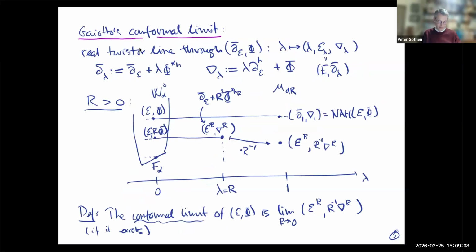So Simpson, following Deligne, explains what these real twistor lines are in the language of lambda connections, in this specific case. And it's obtained like this.